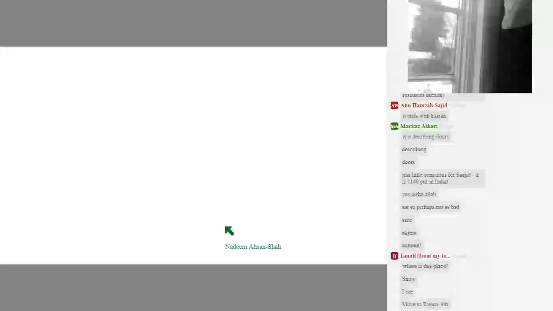Over here, you know that this is mubtada because it starts with alif lam. And generally speaking, the mubtada is a word that is definite.